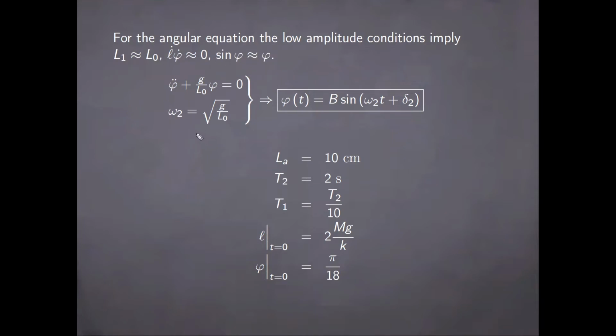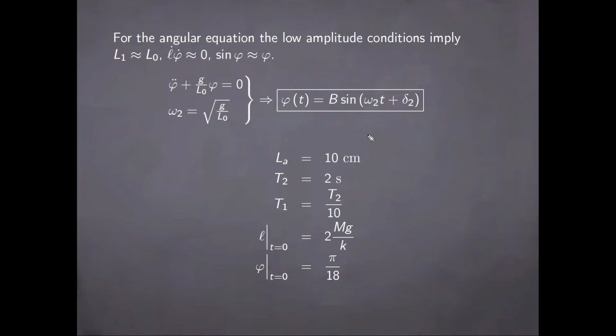And in these conditions, you can show that equation 2 reduces to the simple harmonic equation here for the frequency omega 2 being equal to the square root of g over L0. And as such, the solution is phi as a function of time equal to a sine of omega 2 times t, having an amplitude b and a phase delta 2.